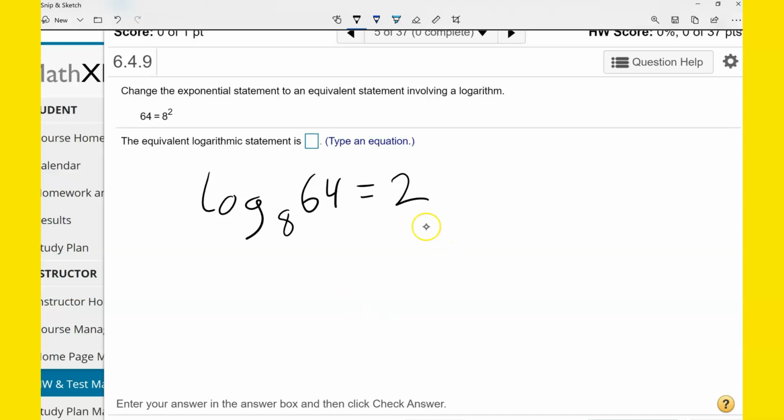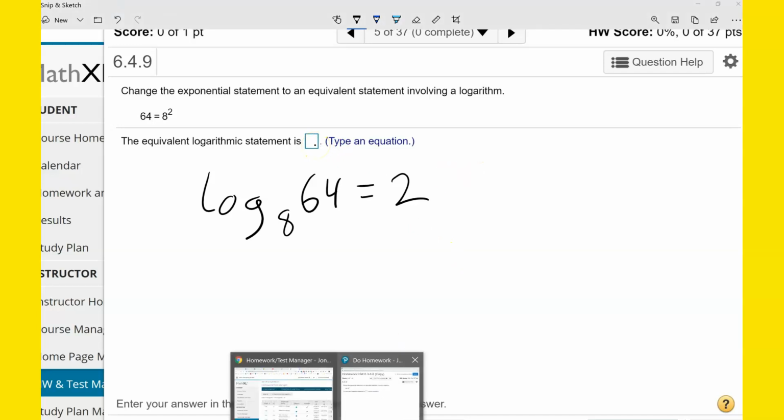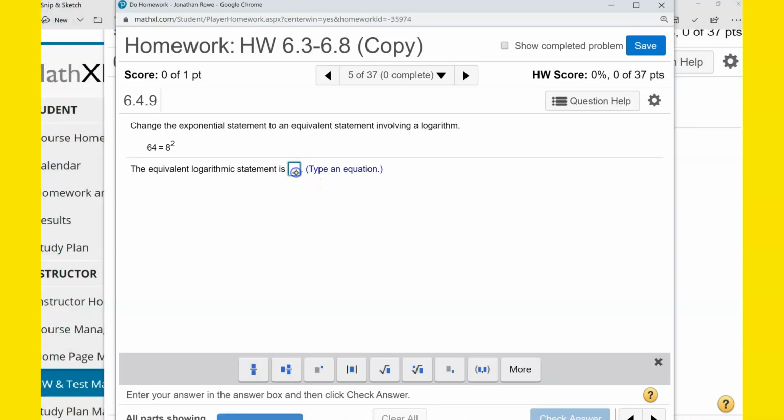So if we want to type that in, let me show you a little shortcut trick to type this in. You can just type log, and then if you do the underscore, it'll go down to that subscript. So log base 8 of 64 equals 2.